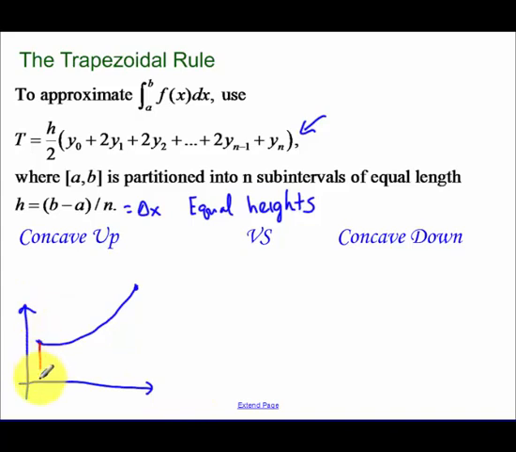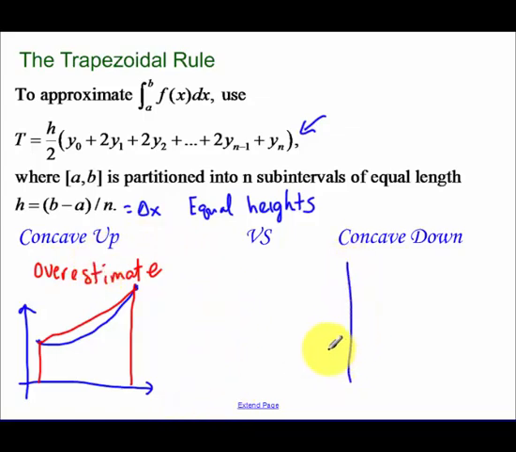Over our interval, just say we have one big trapezoid in there so we can see it. This is an overestimate of our area. So if we're concave up, it's an overestimate.